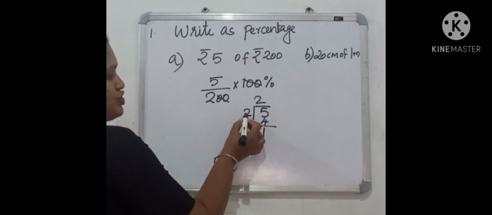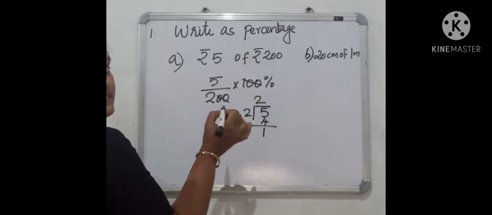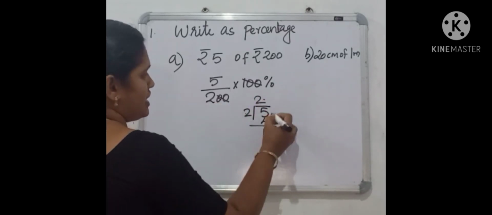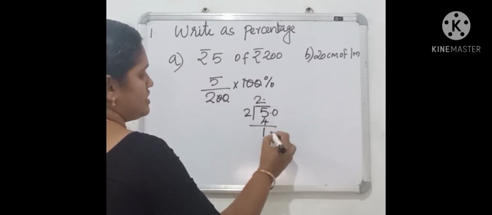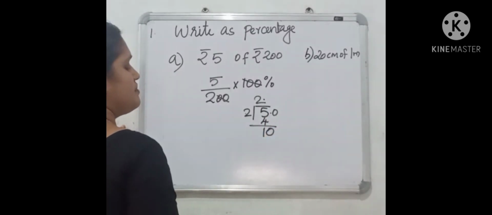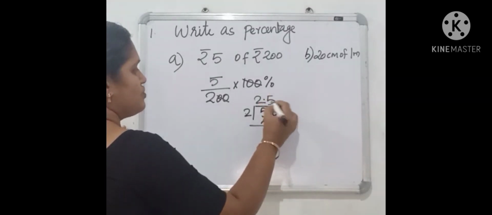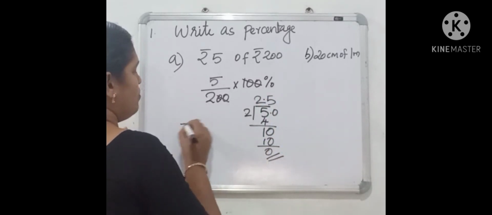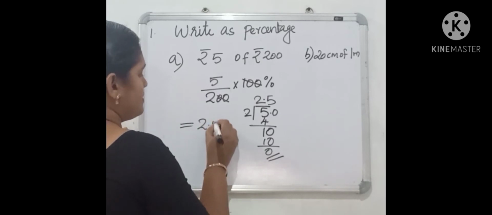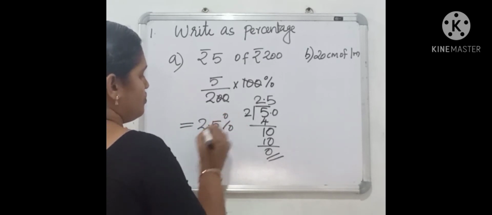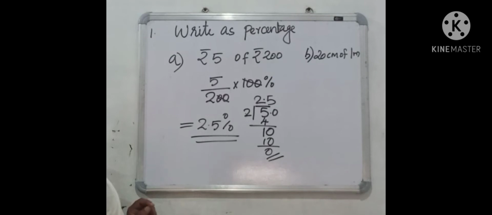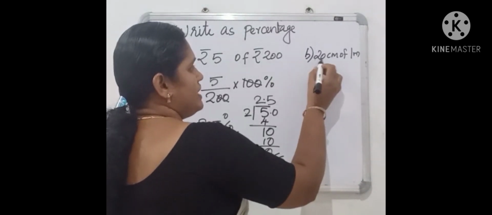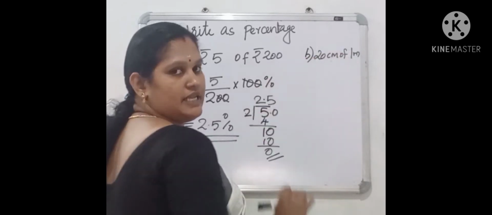We can write 2 1 by 2 as mixed fraction, or we can put a point here and write 0; this becomes 10, 5 times 2s are there, so 2.5 percent.